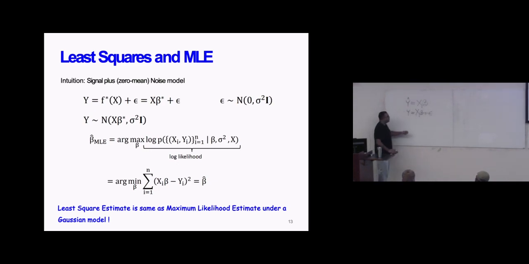And if we assume that this is just random noise coming from the observation, then we can assume that this epsilon follows a Gaussian distribution with zero mean and sigma square variance. Okay?